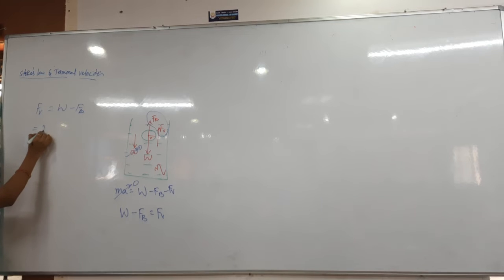First of all, weight is equal to mg minus the force of buoyancy, which is V rho g.